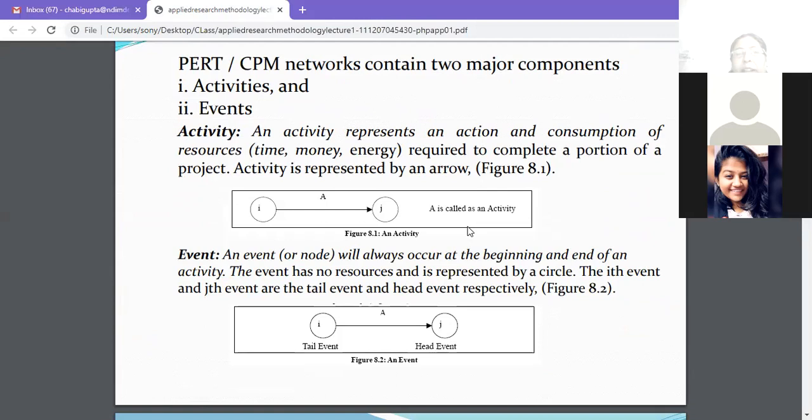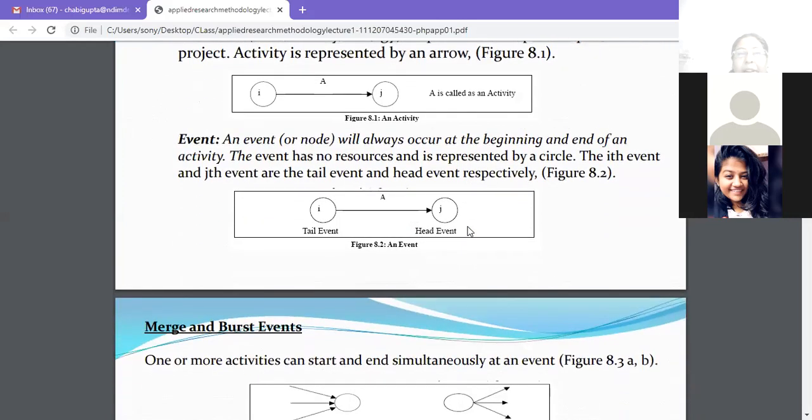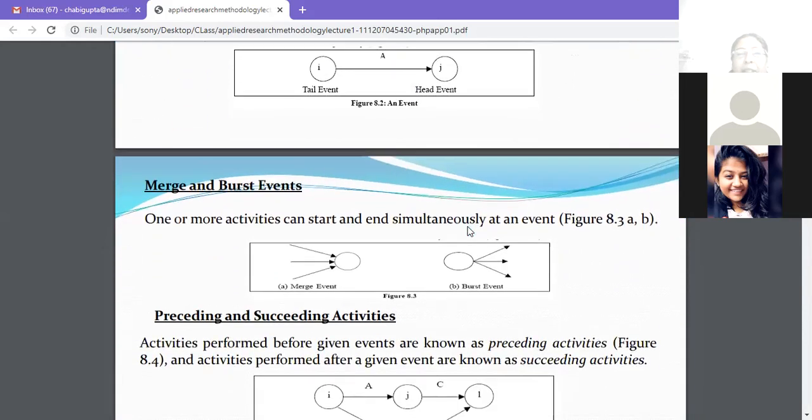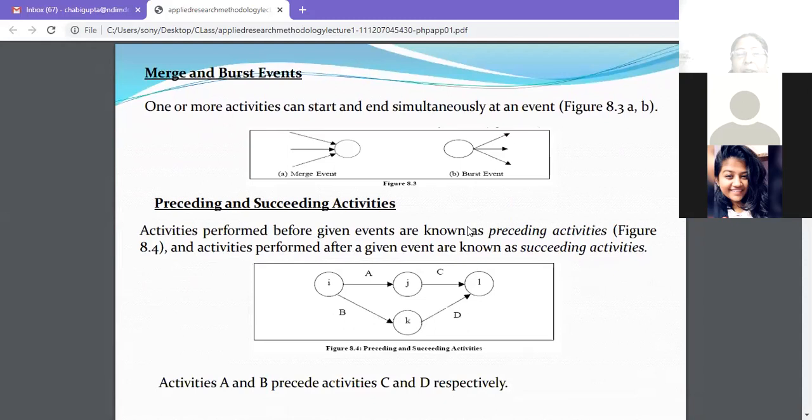On the arrow, we have activities, and the circular part is called the event. An event or node will always occur at the beginning and end of an activity. For example, you will always have I and J as events, and there is one activity in between that is called A.